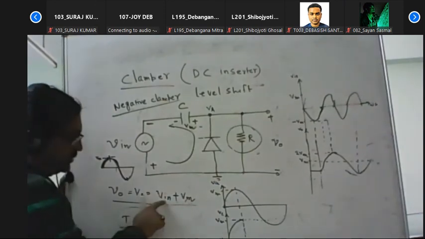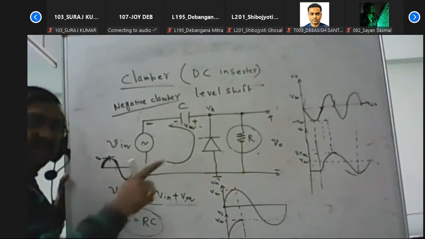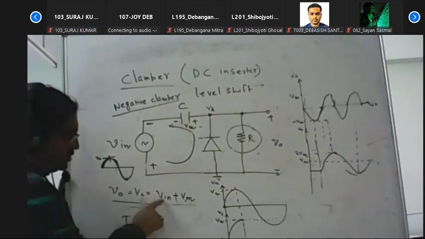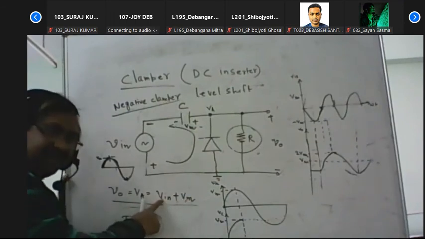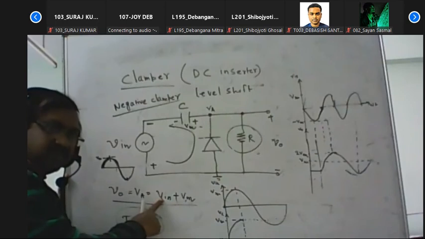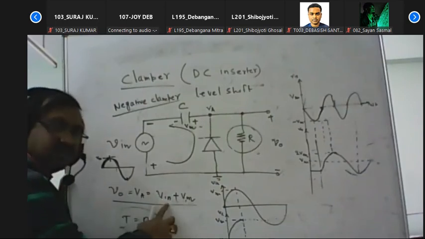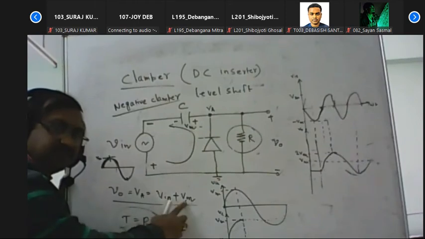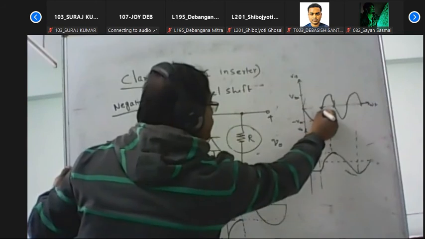Since its value is less than minus VM, that value will be positive when the input signal changes from minus VM towards 0.